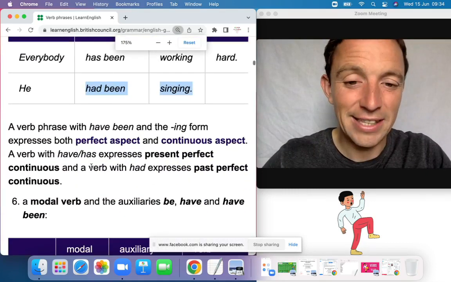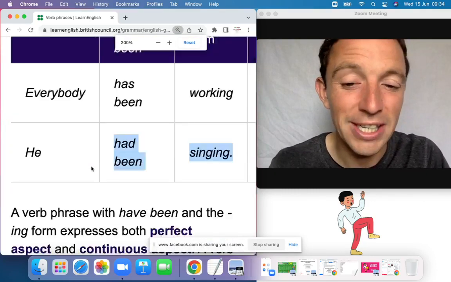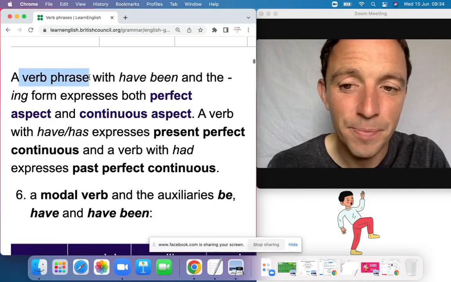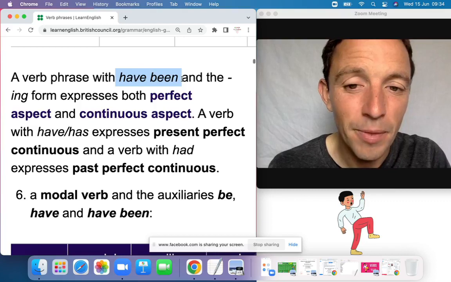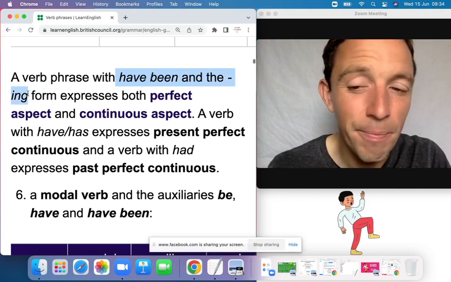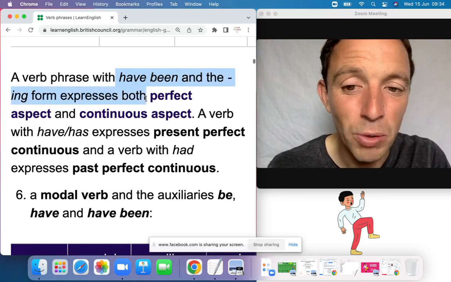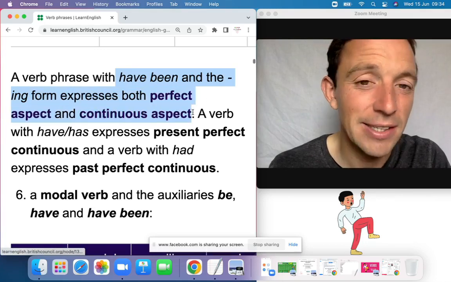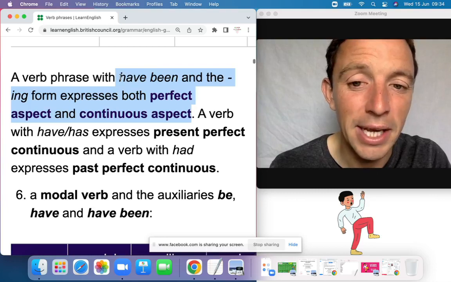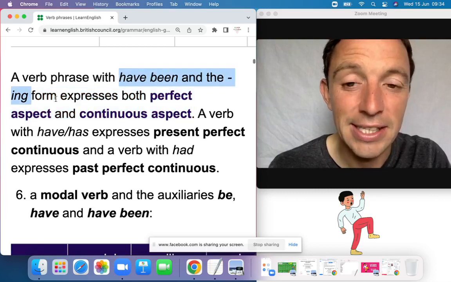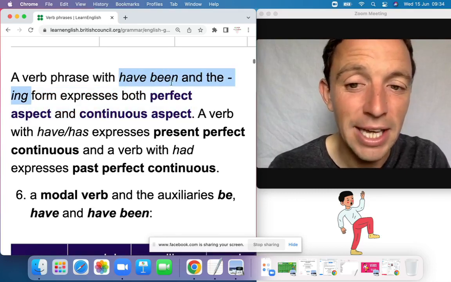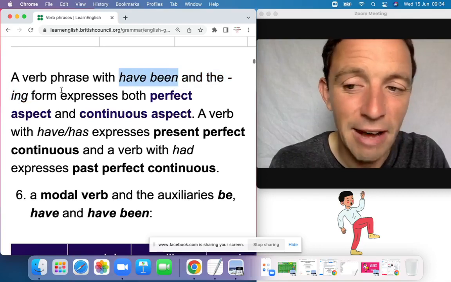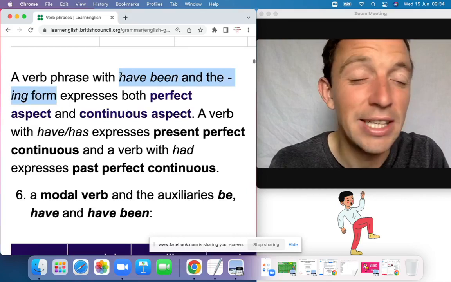So let's look at the explanation, which is very similar to my explanation. A verb phrase with have been and the ing form expresses both perfect and continuous tenses. So in this sentence, have been plus the ing, you can see the perfect and the continuous, because you need the verb to be.